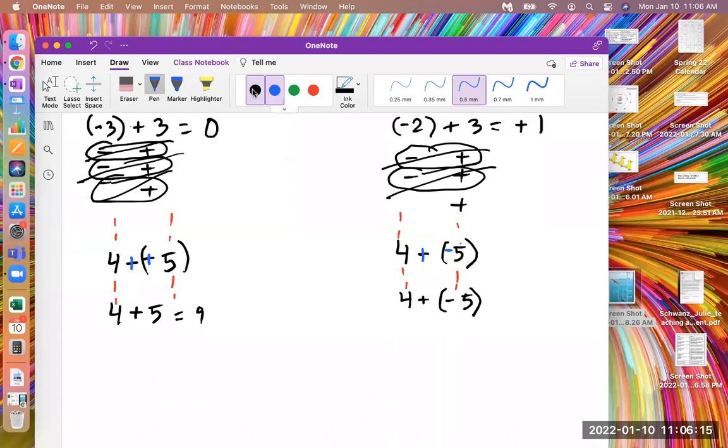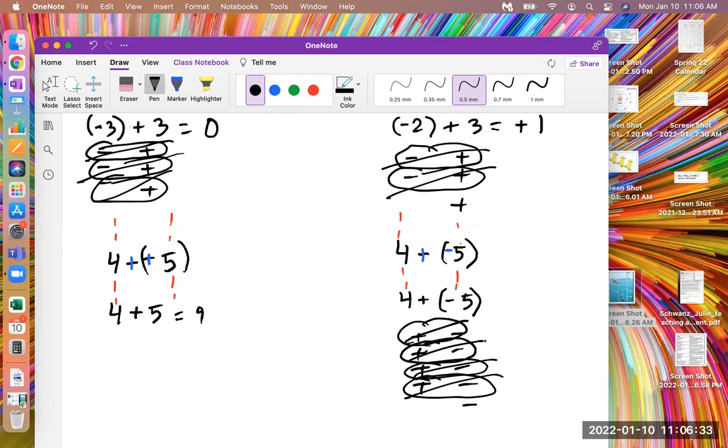Then you would do this one exactly like you did the addition above. 1, 2, 3, 4, 5. 1, 2, 3, and 4. Okay, so that is adding integers and subtracting integers. That's all you need to know. That takes care of every problem.